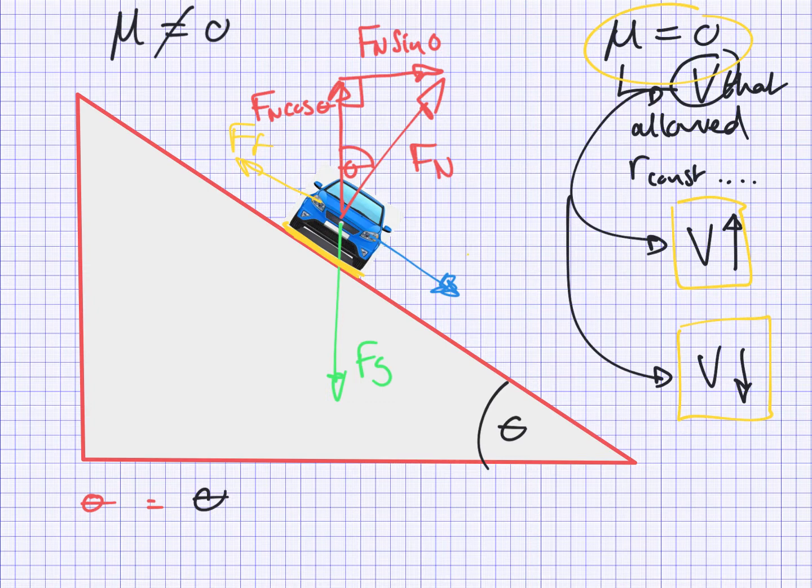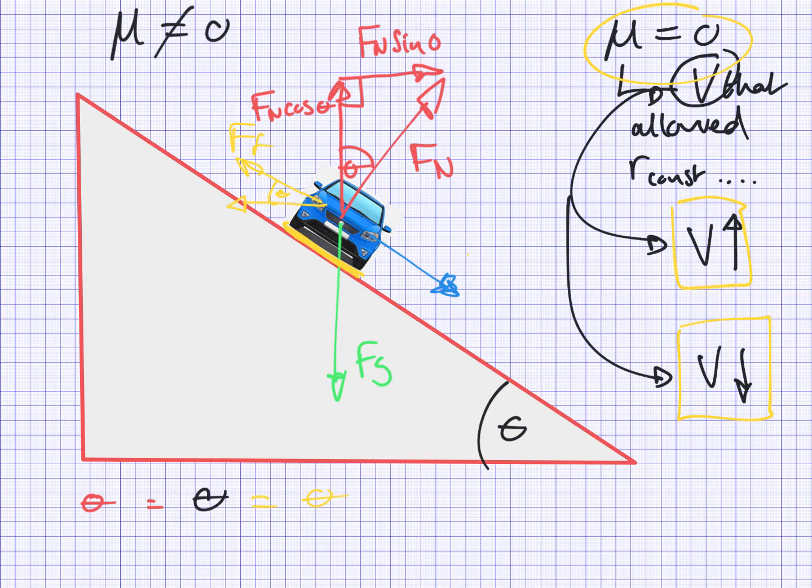So hopefully you can see, of course, the force of friction is going to have an X component to it, and this angle in here, this yellow angle, is also going to be equal to the red angle. That's obvious, hopefully you can see that, because this red triangle has simply been rotated 90 degrees.